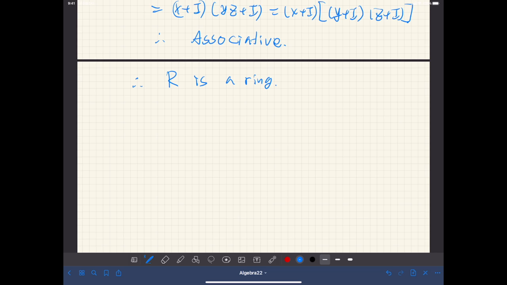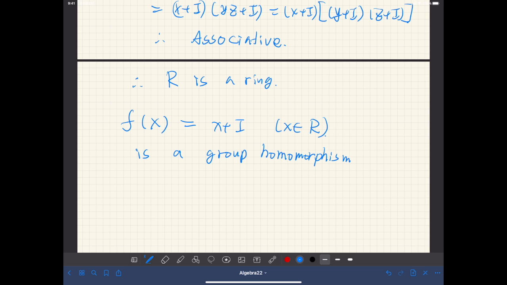And anyway, we define the mapping f by x maps to x plus I, where x is an element of the ring R. This is a group homomorphism already, preserving addition.